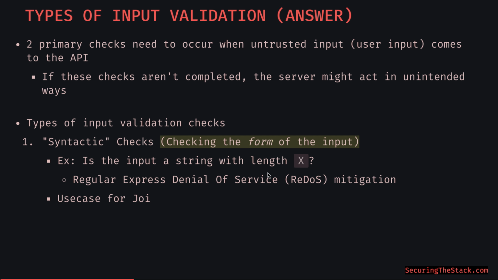Now, here is the interesting thing, okay? So when you're doing your input validation, you want to be as granular as possible. And you might be like, why would I want to constrain the length of a string? Because you might be like, I can't conceive of any attacks that could leverage that.